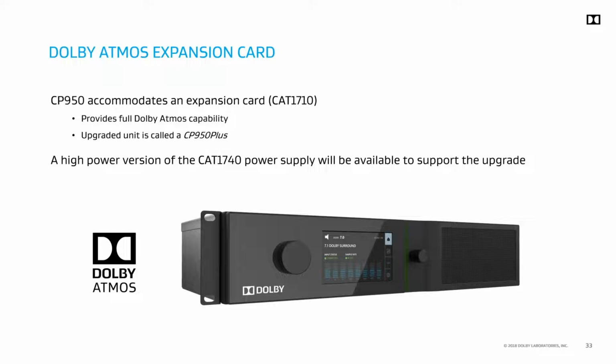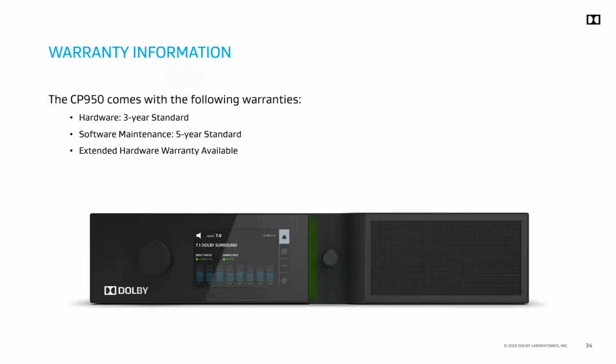Supporting Dolby Atmos will require more power also, so the CP950 Plus units will come with a CAT1740 higher wattage power supply already pre-installed. For warranty information, the CP950 comes with a 3-year hardware warranty standard, 5-year software maintenance, and we will have extended hardware warranty available.